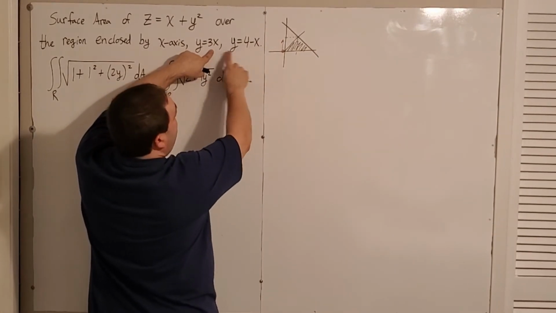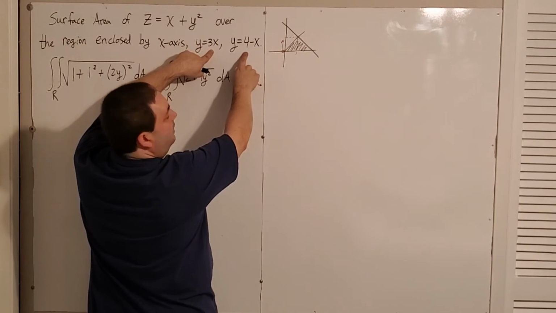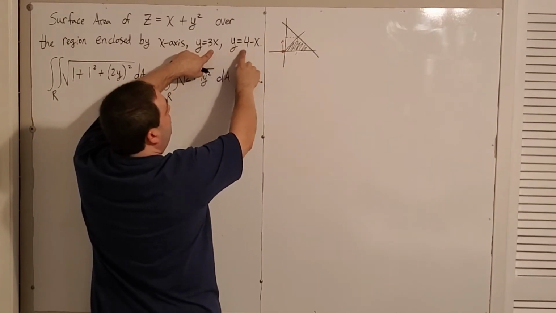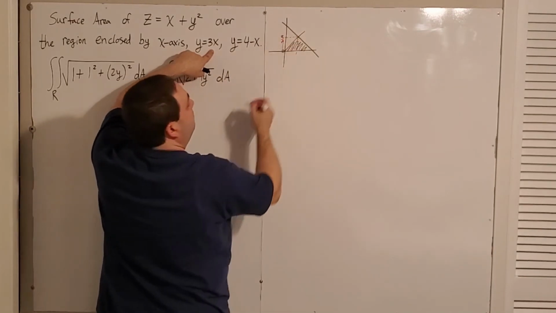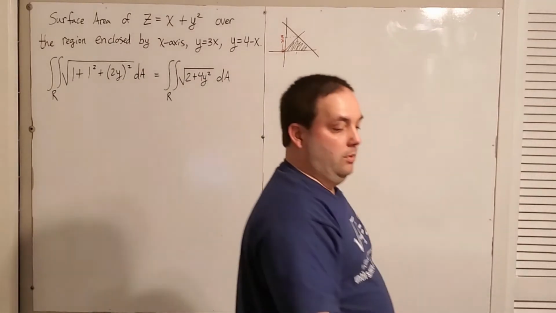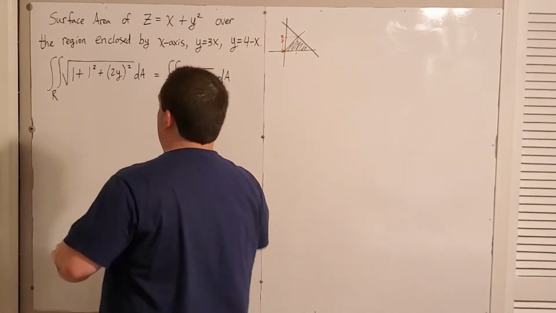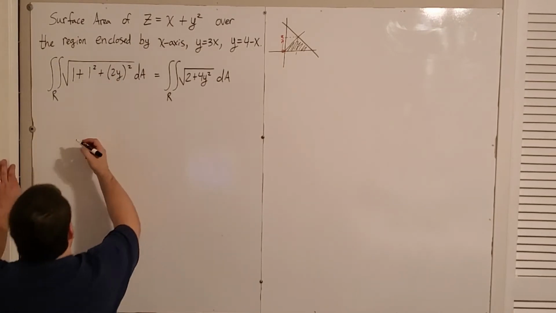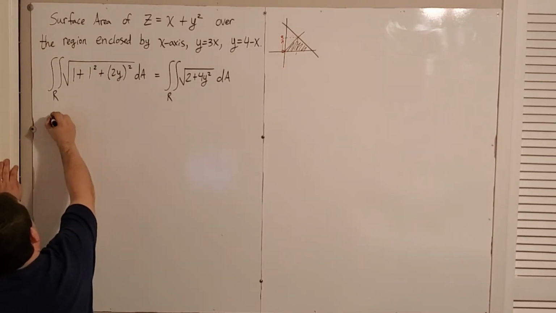Because that would give me 4x equals 4, so x is 1. And when x is 1, you'll see for both of them, you get y equals 3. Okay? So I'm going to be setting up my integral with the y on the outside. Right? First integral from 0 to 3.